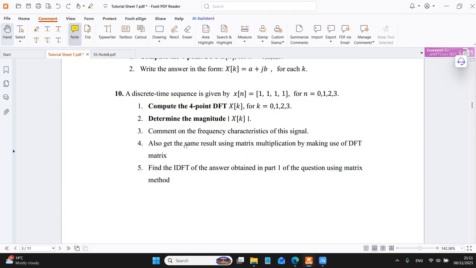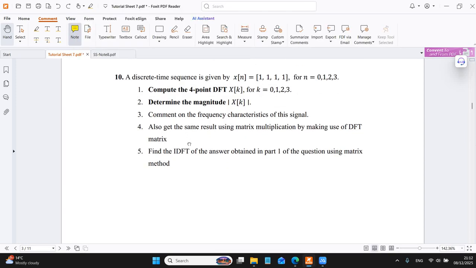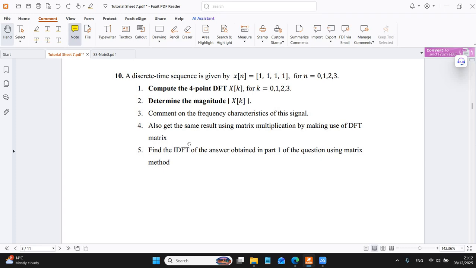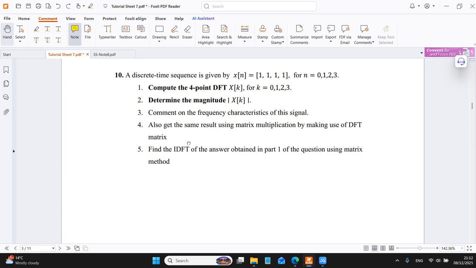Next, we want to get it by using the DFT matrix. So I will again use the DFT matrix for the computation. Here I have my formula. I will take the complete formula from here, only the signal is different.